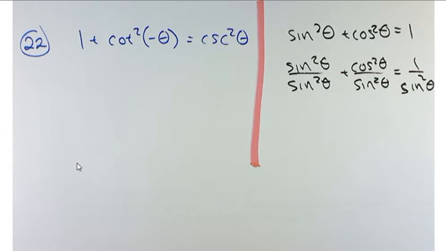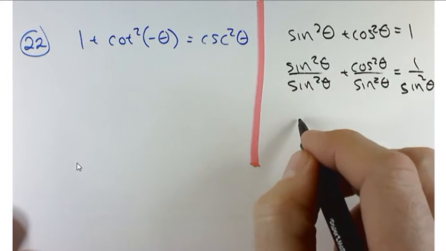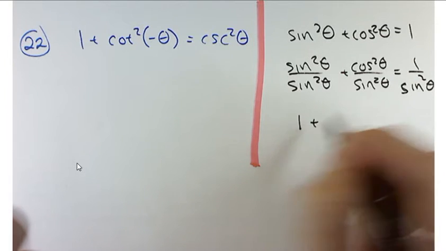Let me spread the wealth a little bit. Mavis, how's that simplify? All right, so it'll be a 1 here, plus what?